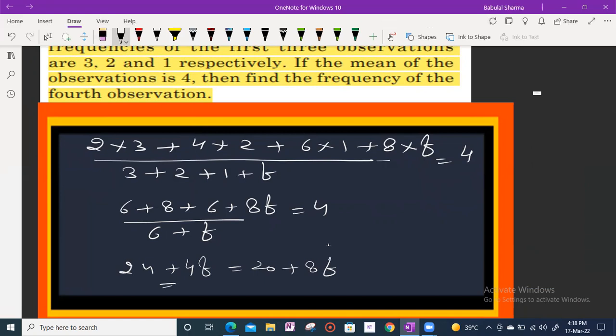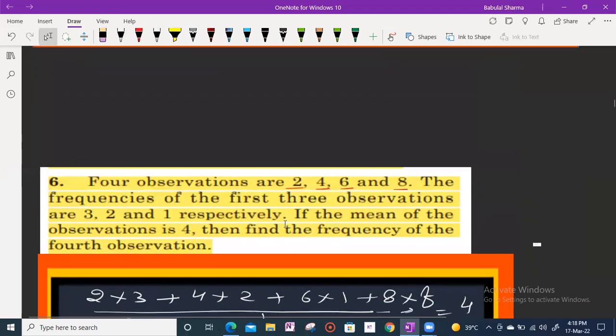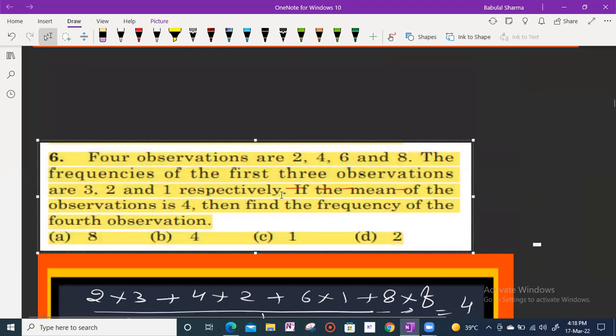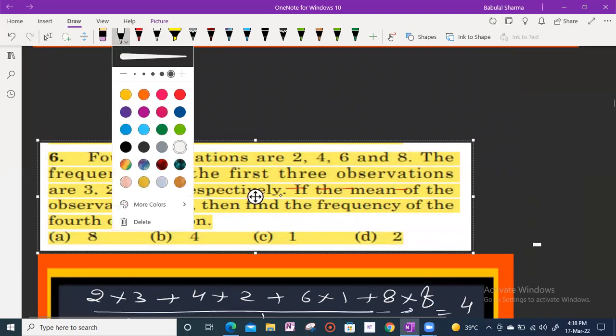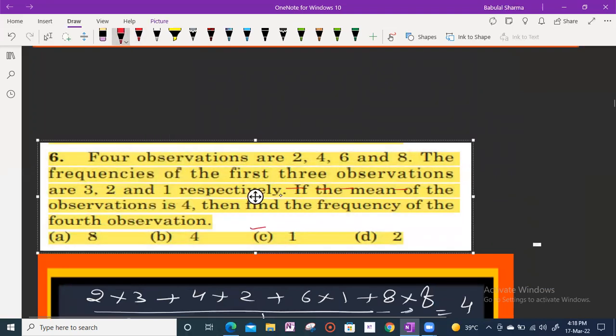On further simplification, we get f is equal to 1. So the frequency of the 4th observation, that is 8, is 1. Now we can check the answer. Is 1 given as an option? Yes, so C is the correct option here.